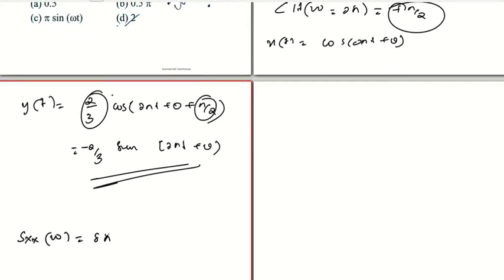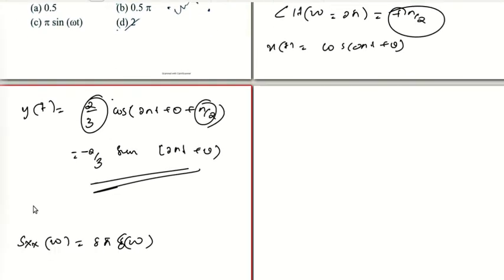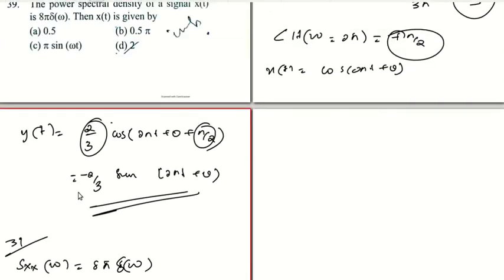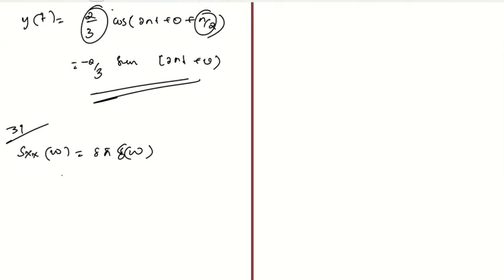We get the power spectral density by using this formula, which is equal to 8 pi into delta of omega.